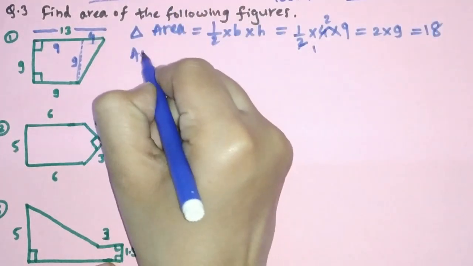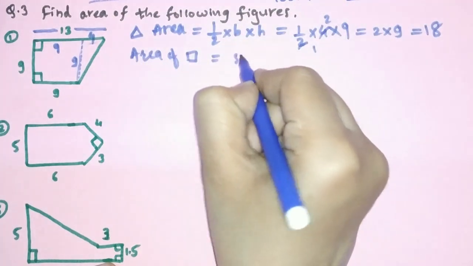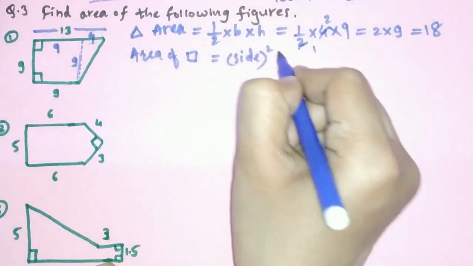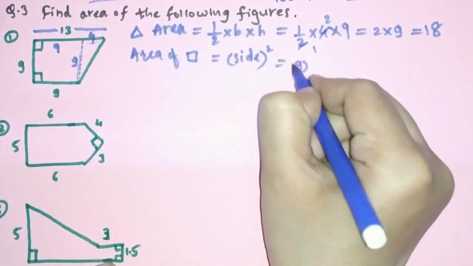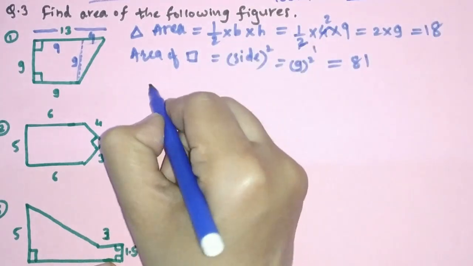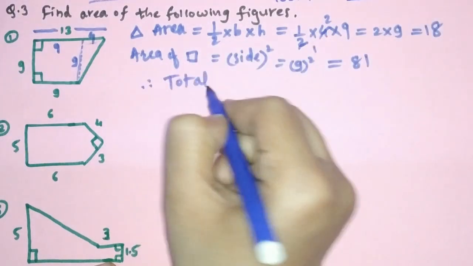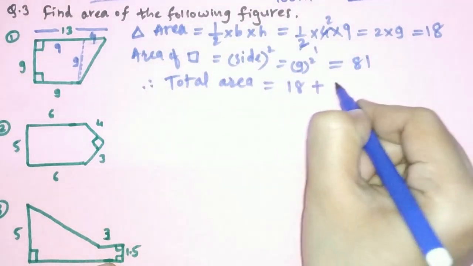Now the area of the square. Side square. Its side is 9, 9, 9 and 9. So 9 square will do, that is 81. So therefore total area is equal to 18 plus 81.